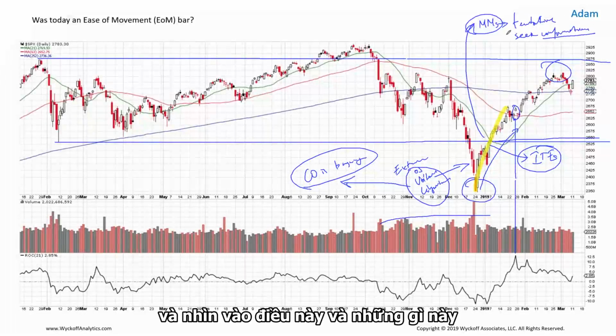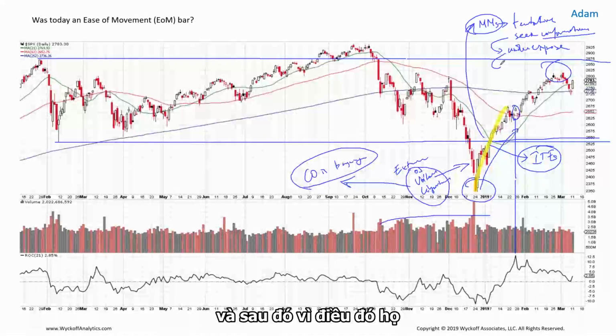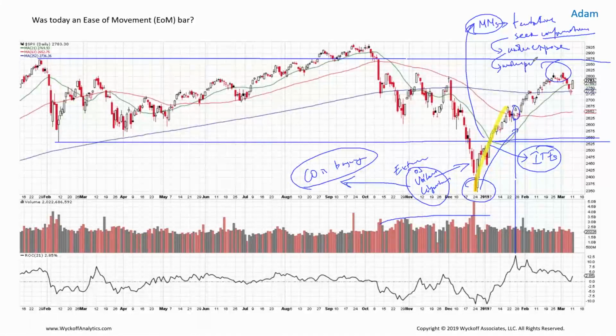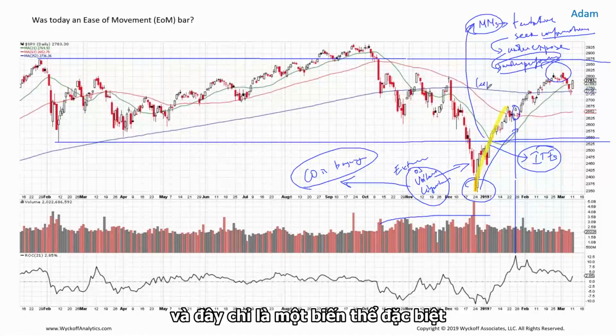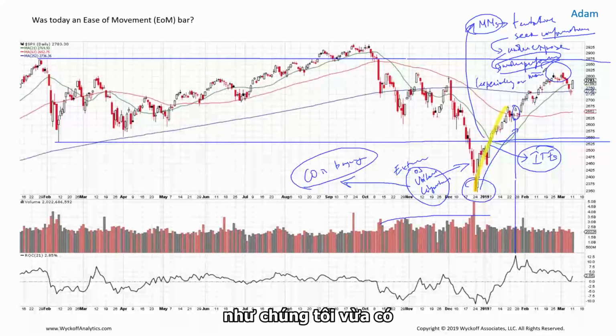And look at this, Adam, what this produces. As they seek the confirmation, they underexpose, and then because of that, they underperform. They underperform especially, and this is just a variation, on a momentum rally like we just had.